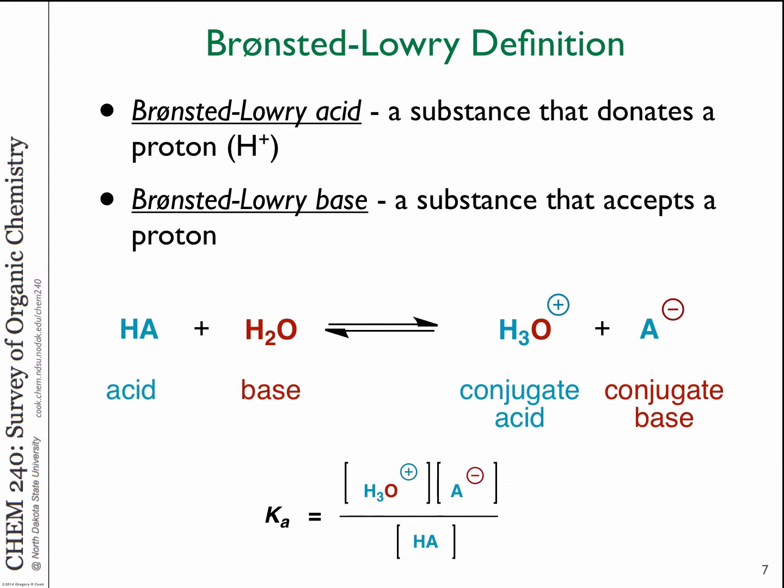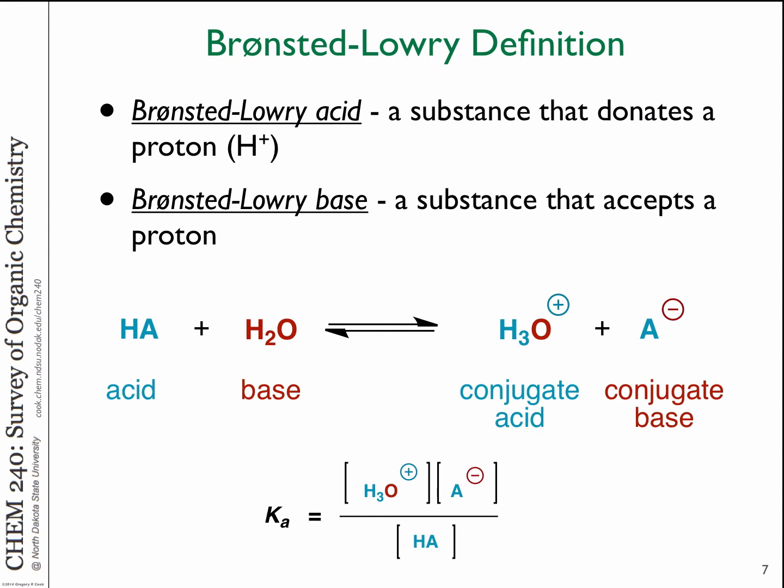If you imagine this as a specific acid like HCl or HF, this can react with water or another acceptor of protons to form an acid-base reaction where we've transferred a proton from the acid to the base, giving rise to a conjugate acid and a conjugate base on the right side of the equation. This equilibrium, that reaction could go in either direction, right? That proton could transfer from this hydronium ion to the anion and go backwards.